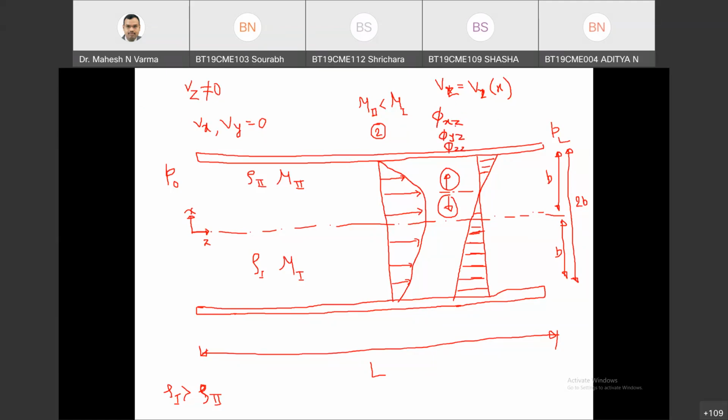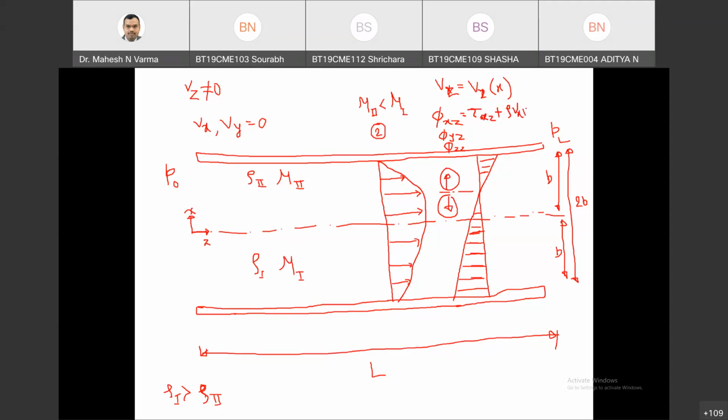So what is phi XZ equal to? P will be 0, so directly tau XZ plus rho Vx Vz. Very good.